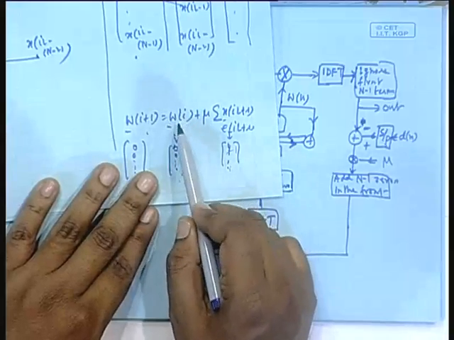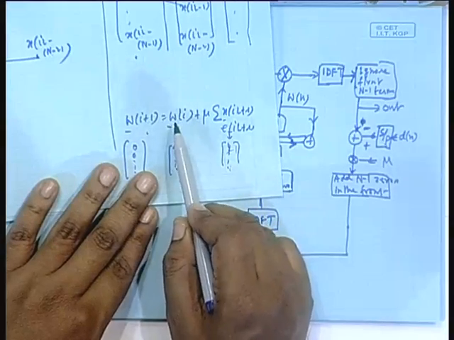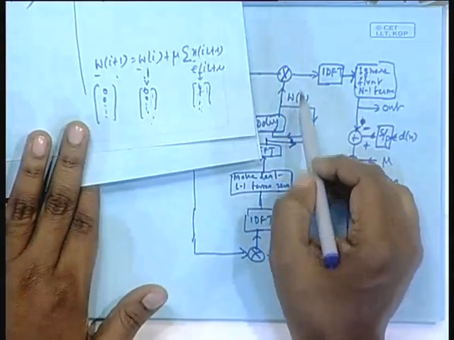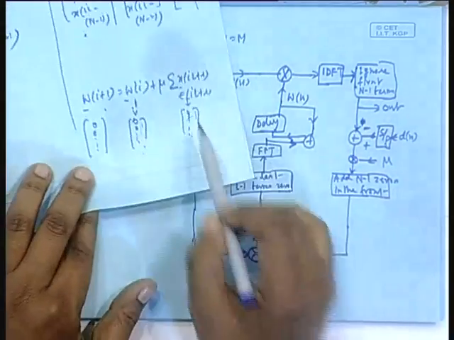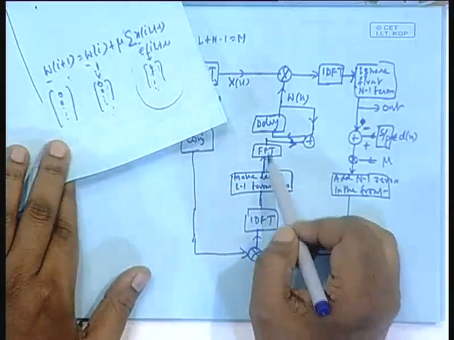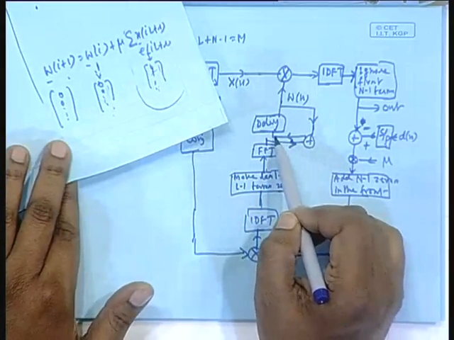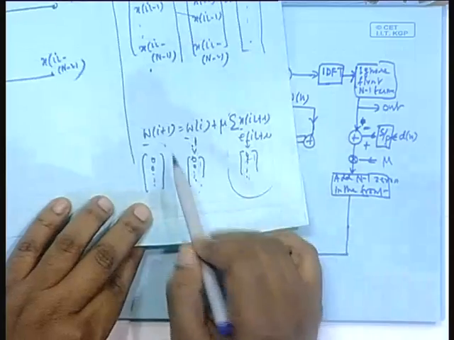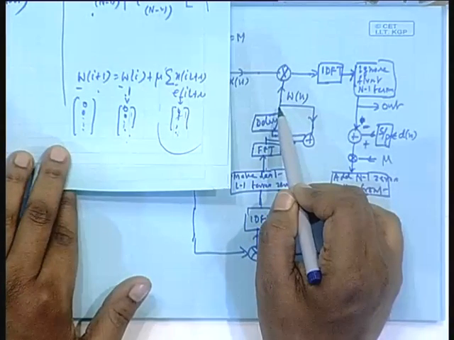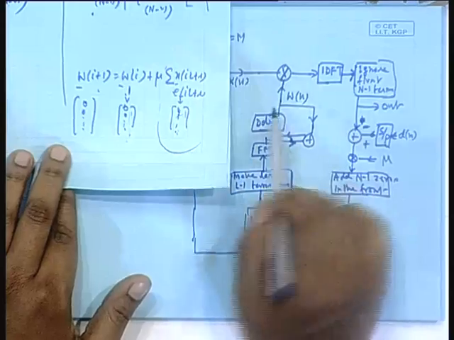So, the FFT of this for the ith block is the current one, used for the filtering part, plus this update term, the DFT of this entire stuff, which has come from here. They are added and held back for future use. After a block delay only it will appear here.